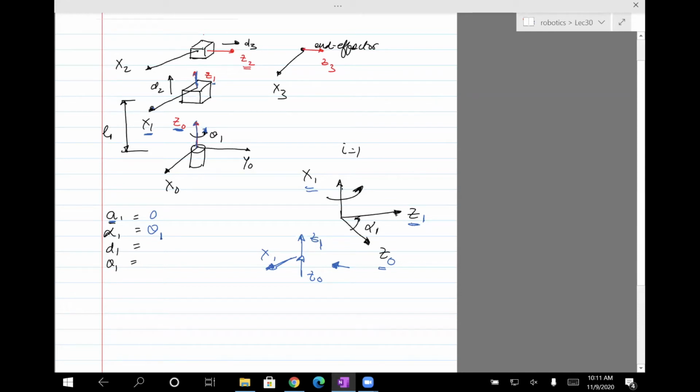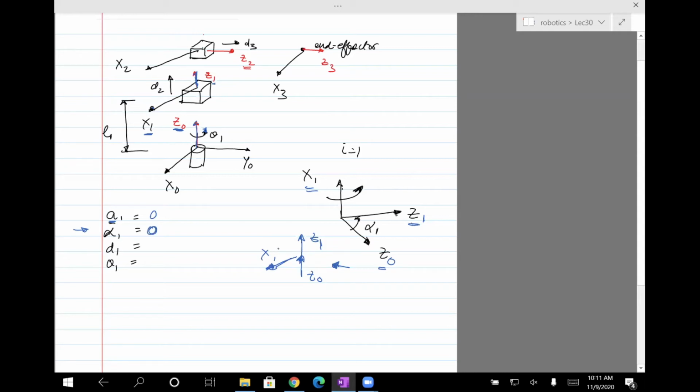Okay, my bad. This is not right. I'm sorry about this. This is the angle between Z0 and Z1 along X1. So you basically need to see how Z0 and Z1 line up. So they're actually 0, right?